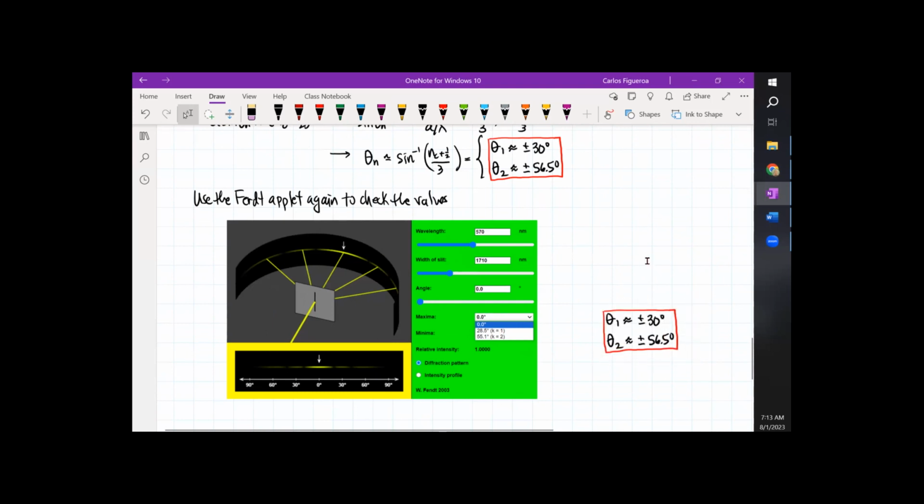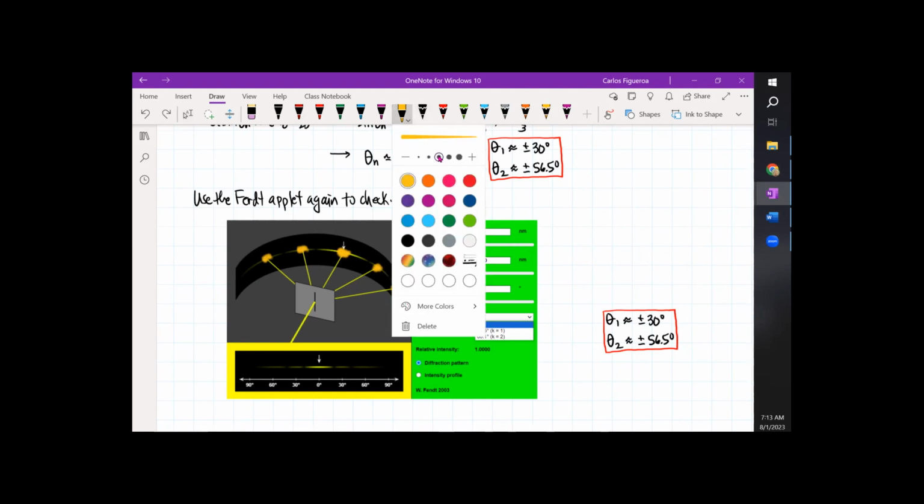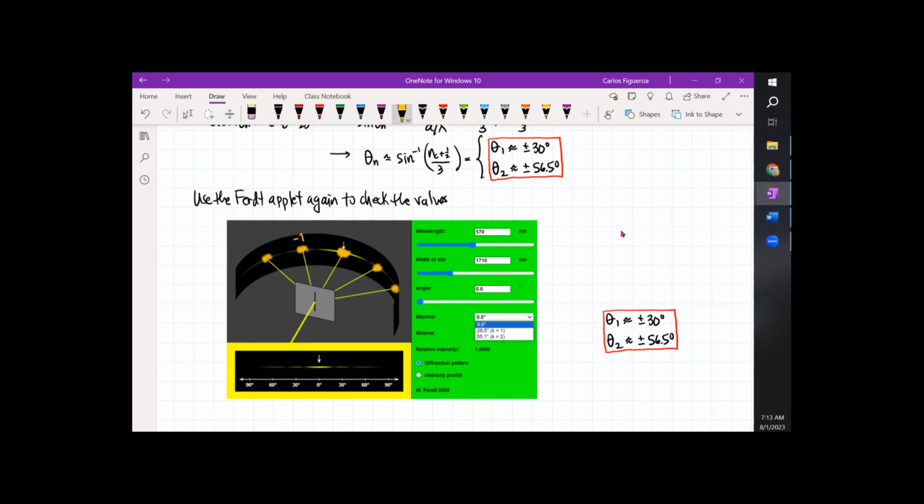So according to what we just did, here's what we found. We see here that we have a maxima right there, the central max. Then I have one right here, then one right here, right here, and right here. This will be -1, -2, +1, +2.